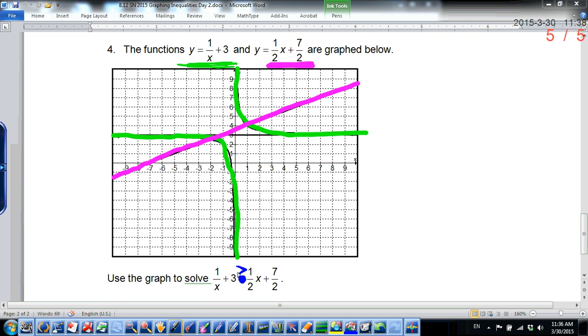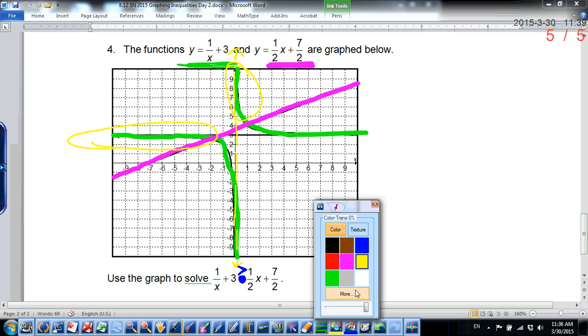Greater than or above the line. So that's going to be this portion. And it's going to be this portion. Where's the vertical asymptote in this graph? Good, x equals 0 would be our vertical asymptote.